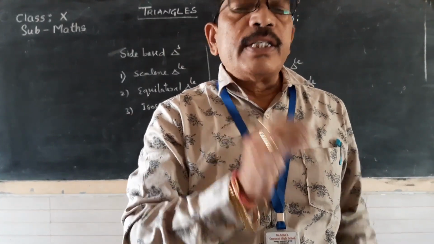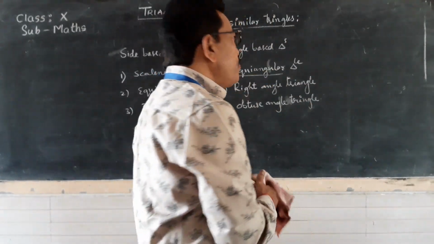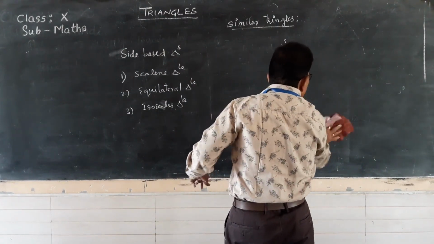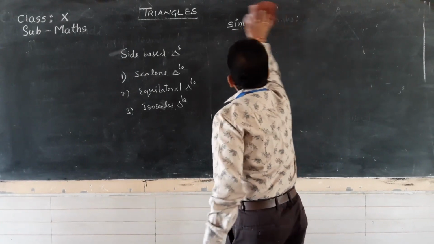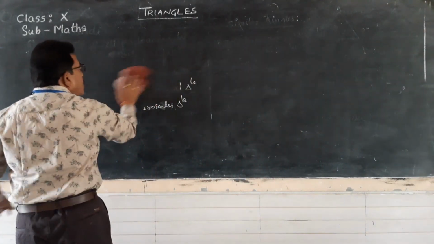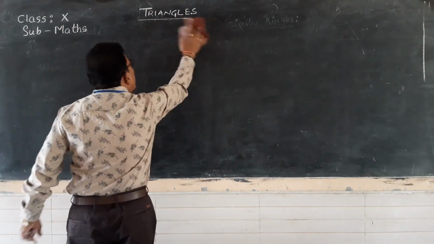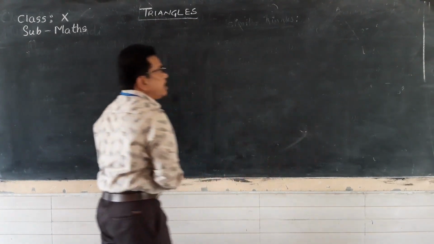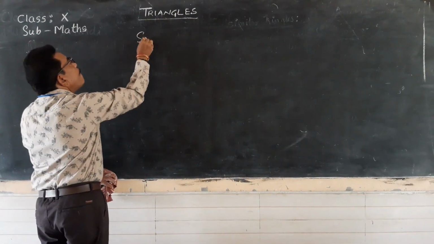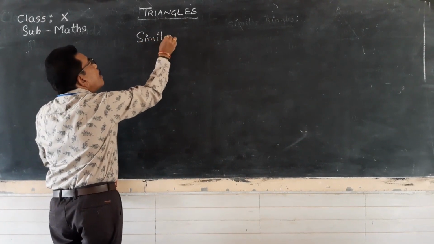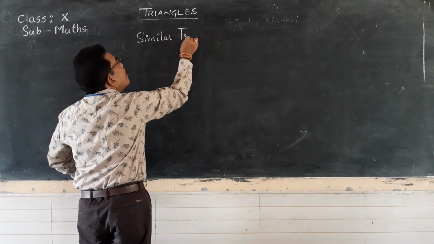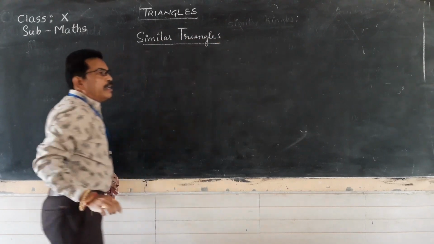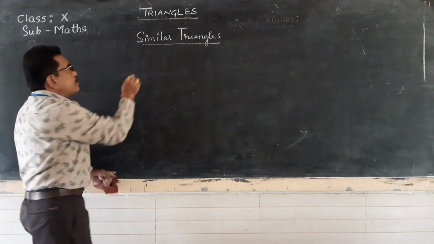with the diagram the similar triangles definition. Here we have to consider two triangles.